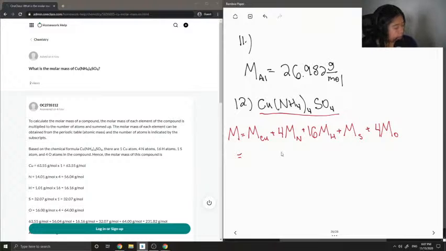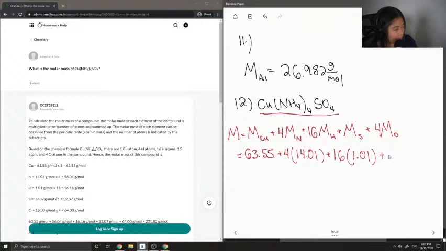Now we just have to look up these values in a periodic table. The molar mass of copper, 63.55. The molar mass of nitrogen is 14.01. Molar mass of hydrogen is 1.01.